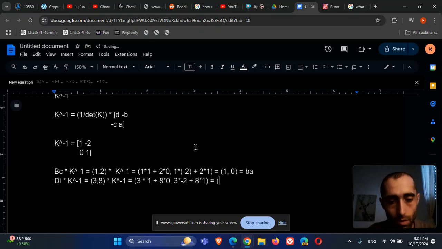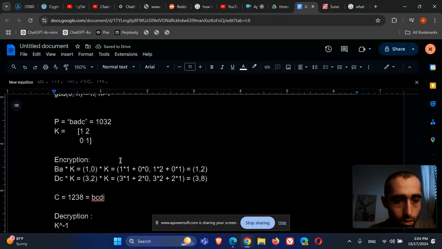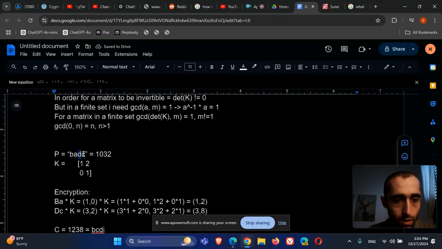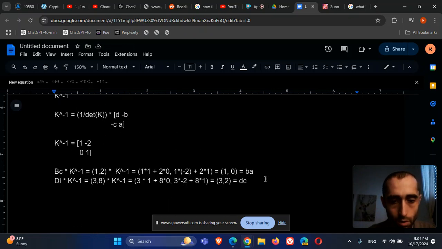Let's see. So we get a vector which is 3 and minus 6 plus 8, which is 2. This means that it is DC. So DC is the right one. 3, 2. Yes, it worked.